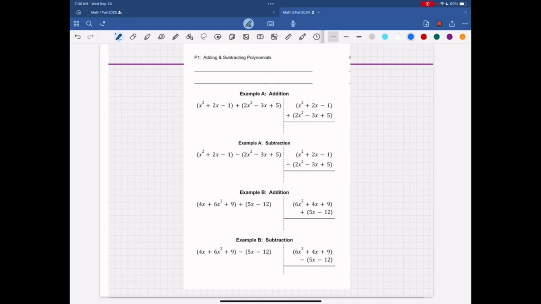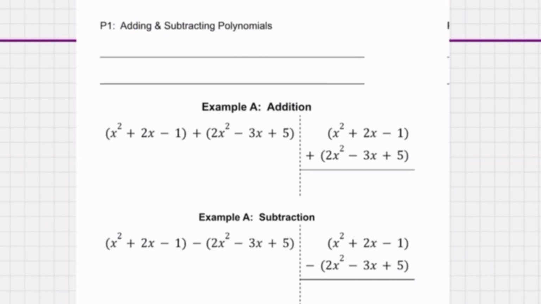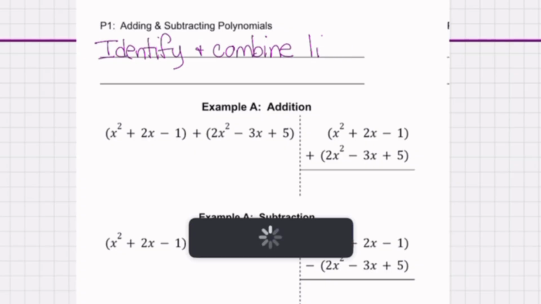All right, today we are going to remember our candy bar math, and we are going to first identify and combine like terms. Just like when we combine those Twix bars and Snickers bars and we knew they were different, our x squared terms and our x terms are different.